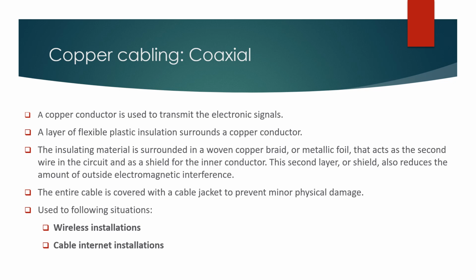There is still coaxial cable design used in the following situations: wireless installations, since coaxial cables attach antennas to the wireless device, and cable internet installations, since cable service providers provide internet connectivity to the customer by replacing a portion of the coaxial cables and supporting amplification elements with fiber optic cable. However, the wiring inside the customer's premises is still coaxial cable.